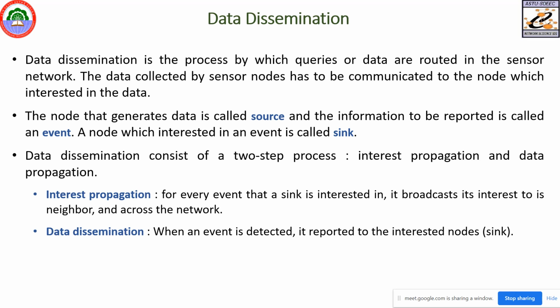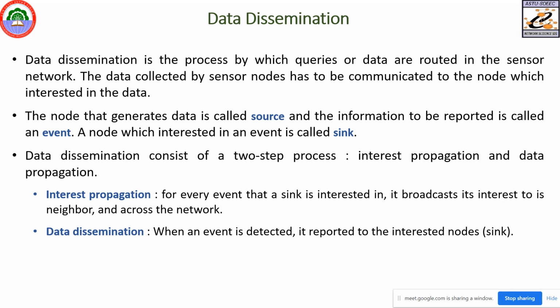And there is another thing called event, where the information is going to be reported. When any event occurs, if any node is sensing it, that node is interested in participating in that particular event, so that node is called a sink node.